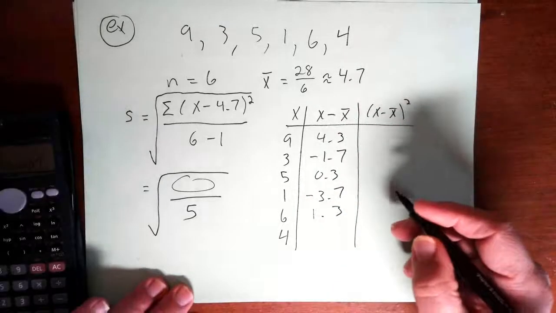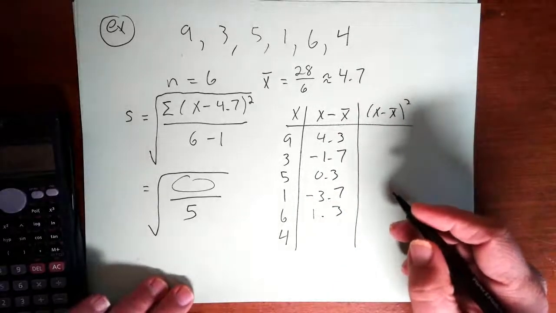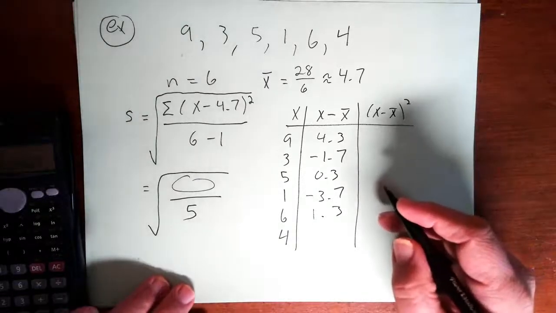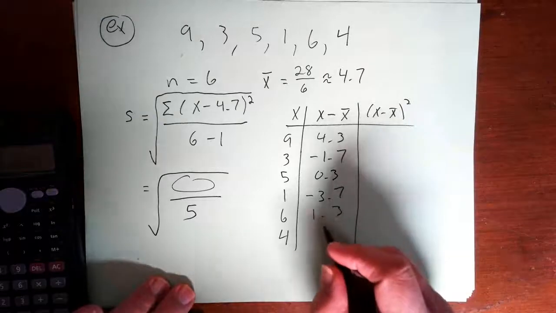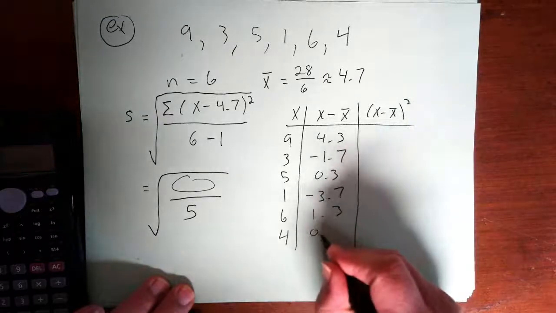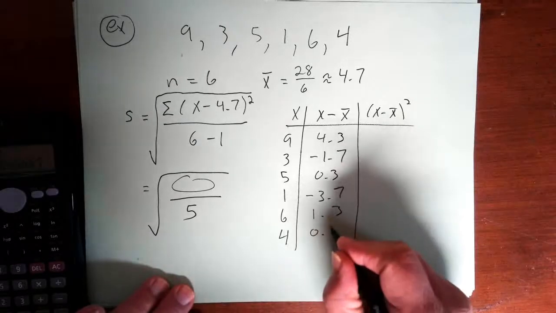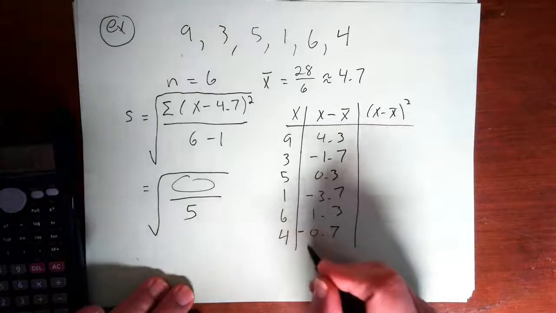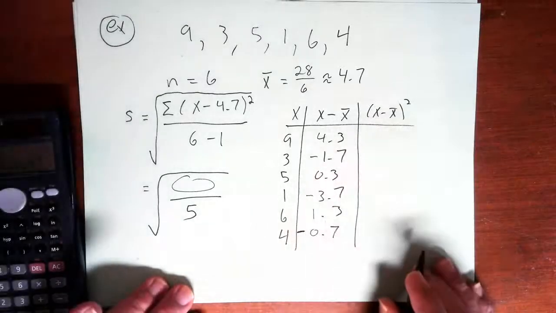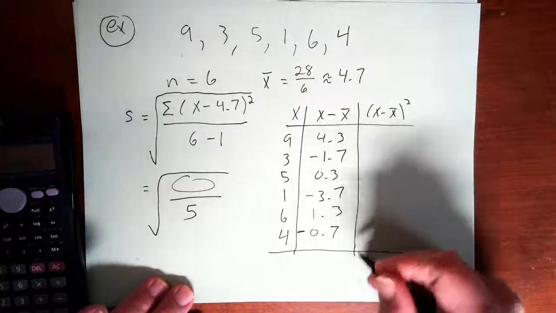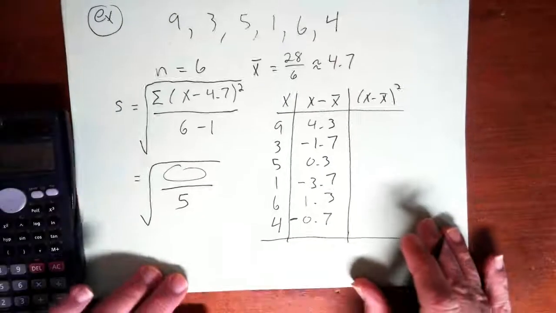And then 4 minus 4.7, that's going to be negative 0.7. Okay, so these are decimals now, so it's a little more tedious.